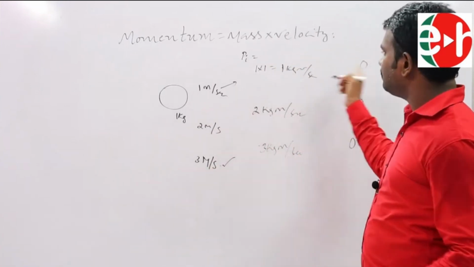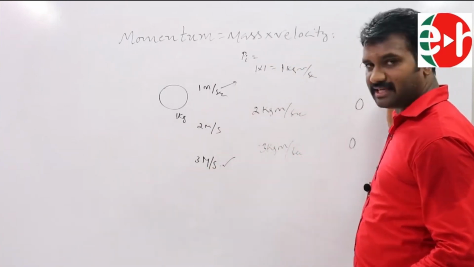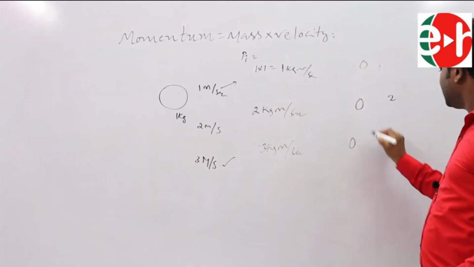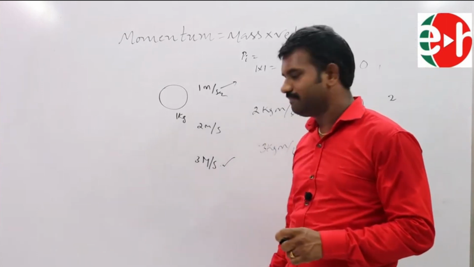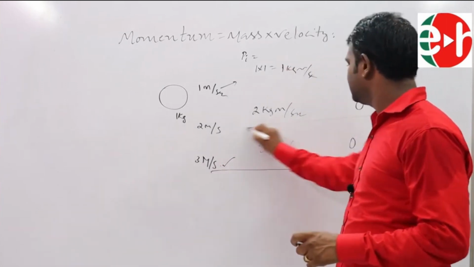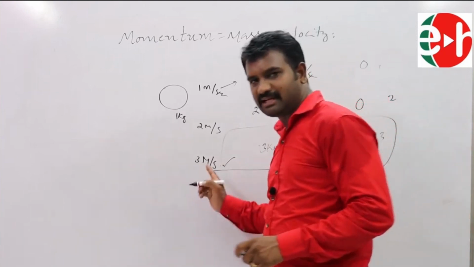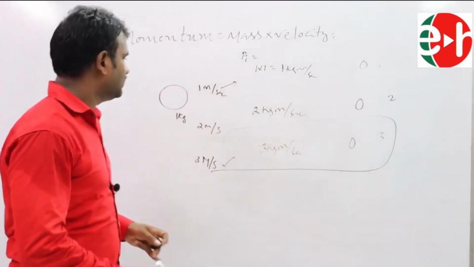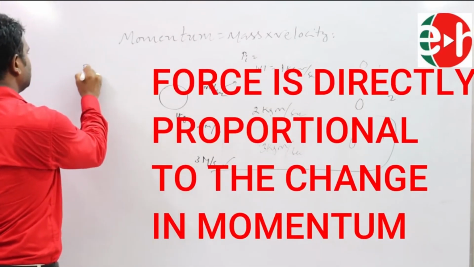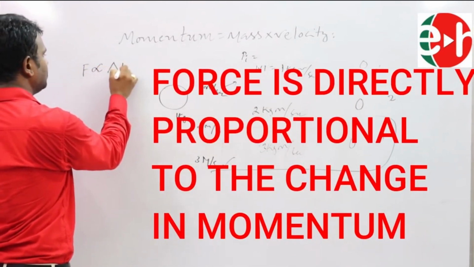So what is the change in momentum here? 1, 2 and 3 kg meter per second. In which case is the change in momentum maximum? In the third case. Because the change in momentum is maximum here, that's why you have experienced more force. That's why we can say that the force is directly proportional to the change in momentum.